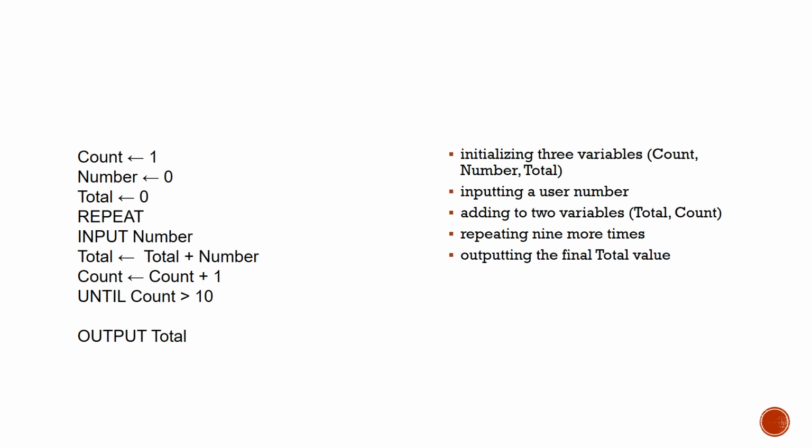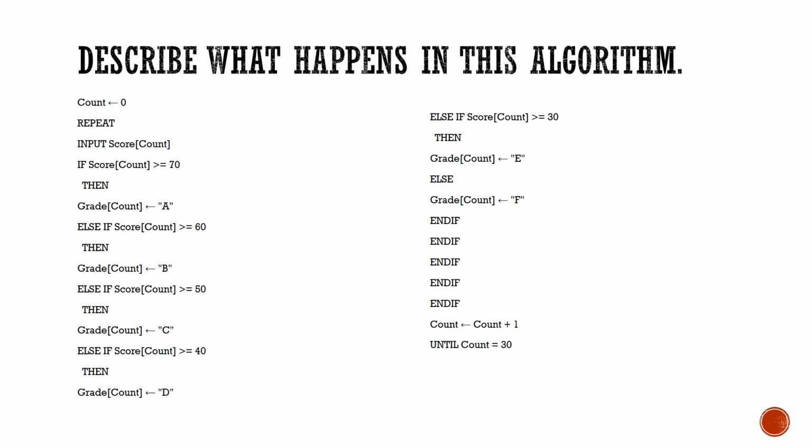So we have initialized three values: count, number, total, and then we input a user number and add to the variables count and total, and we repeat 9 more times, and then at the end we output the final total value. So that's the purpose of this algorithm. I hope you can read it clearly. If there is any confusion, go and check out my pseudocode video in chapter number 8.